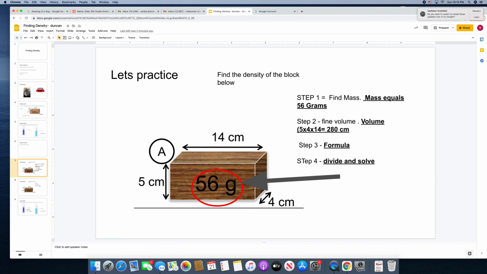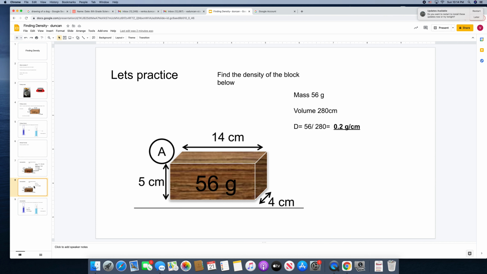And that's going to be height times width times length. And that's going to equal 280 centimeters. Step 3 is to apply the formula. And step 4 is to divide and solve. Once we plug in our information, 56 grams, 280 centimeters, we're going to divide 56 into 280, and we're going to get 0.2 grams per centimeter for this block.